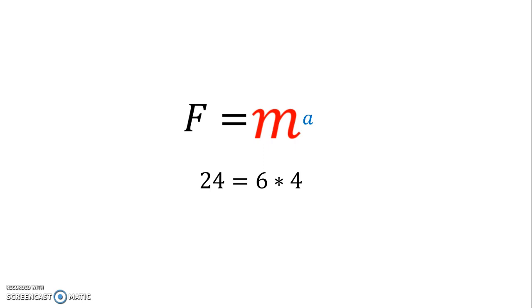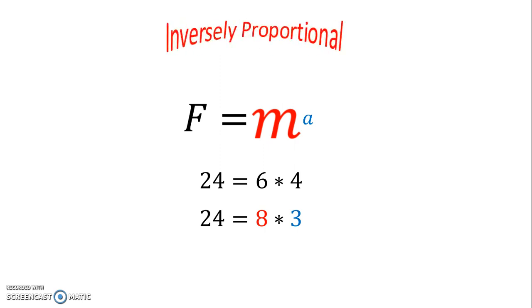Force is 24, mass is 6, acceleration is 4. Now if I increase the mass, notice that the only way to keep the force the same is to decrease the acceleration. This type of relationship is said to be inversely proportional. That is, as one variable increases, the other decreases.